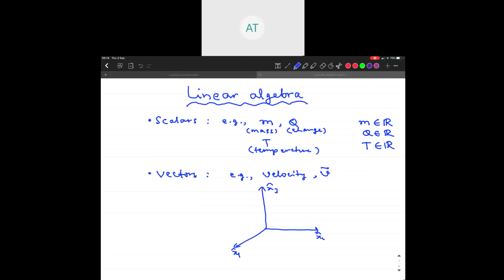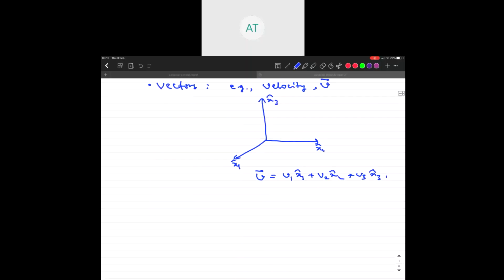Then this velocity could be written as v1 x1 cap plus v2 x2 cap plus v3 x3 cap, and it can also be represented by a corresponding column vector with these three quantities as members of this column, with elements v1, v2, v3.